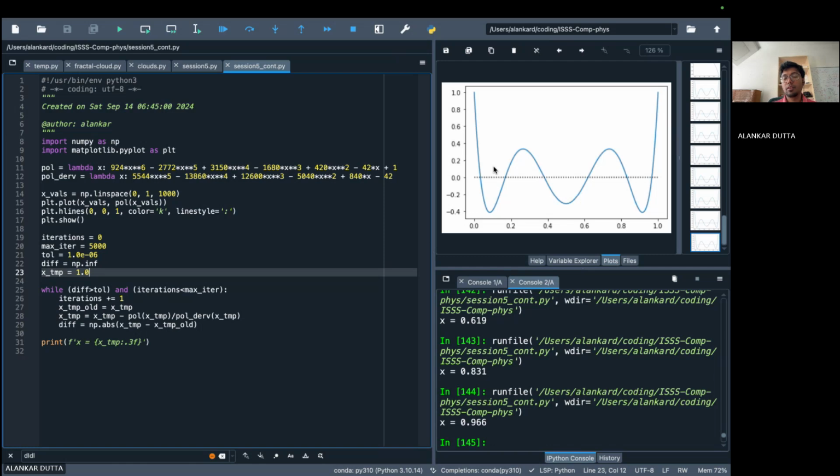I hope that this is clear. Then let's move on to the last question that we will be trying today, and then we can call it a day. This was, I guess, the final session of this course.